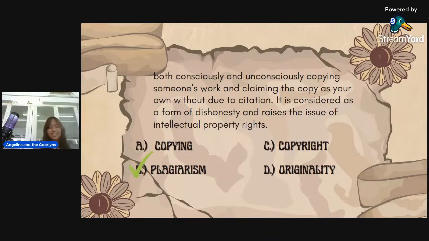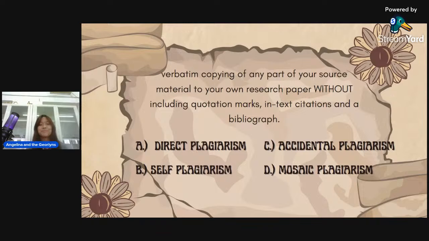Okay, let's see. Plagiarism. Okay. It is a verbatim copying of any part of your source material into your own research paper without including quotation marks, in-text citations and a bibliography. A, direct plagiarism. B, self-plagiarism. C, accidental plagiarism. D, mosaic plagiarism.